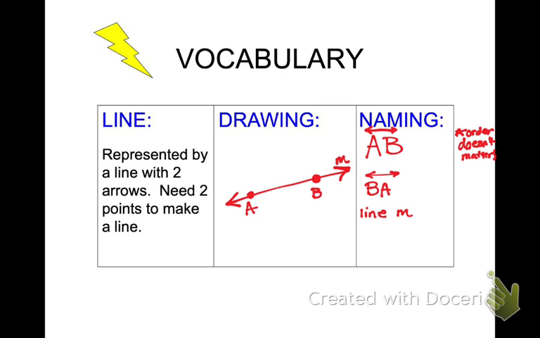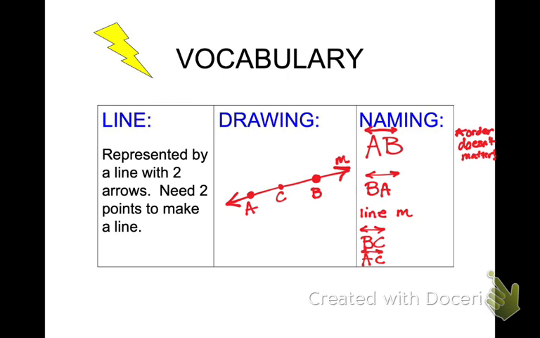If that line had more points on it, so let's do this. Let's add a third point. Let's put a C in the middle. I could call it line BC. Or I could call it line AC.